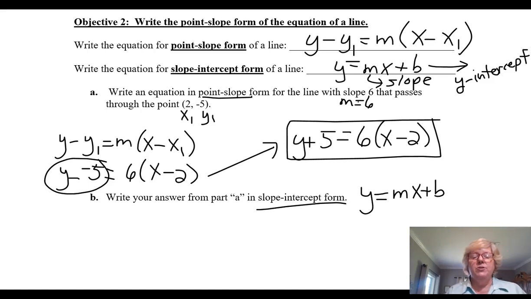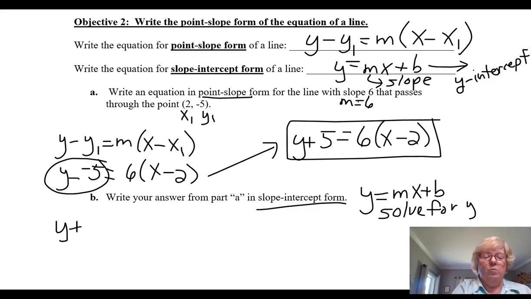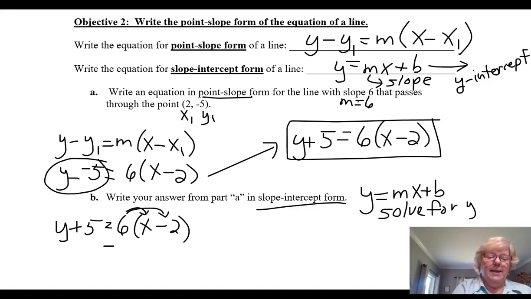So what that means to do is we must take our answer and solve for the y. So let me rewrite my answer down here. y plus 5 equals 6 times x minus 2. I can distribute the 6, and I will get 6x minus 12.